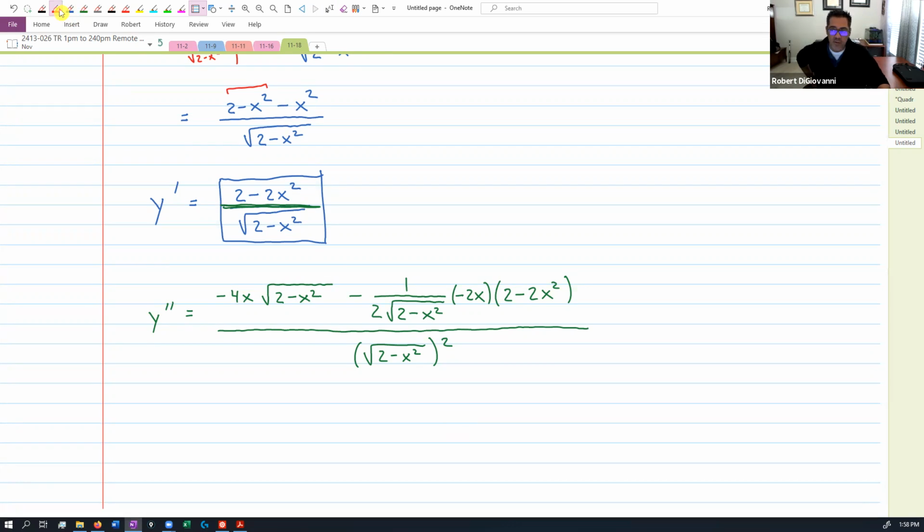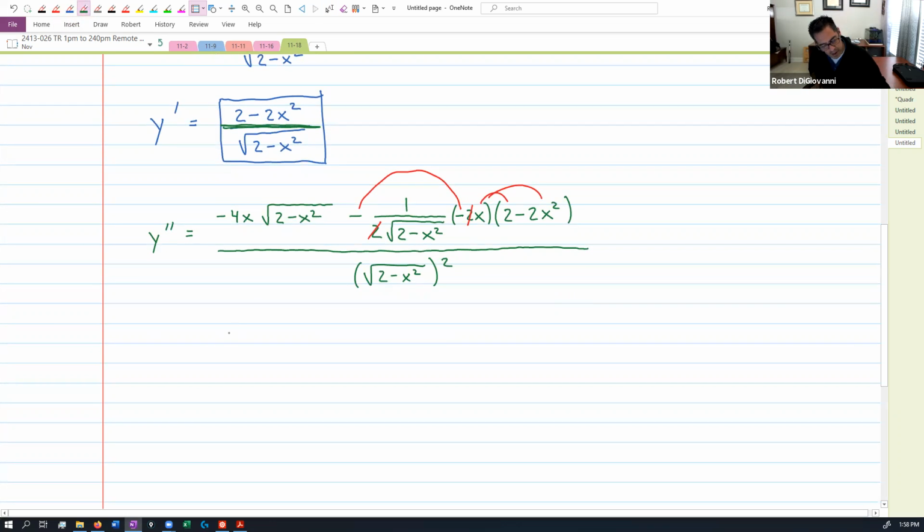Questions on that quotient rule? Because I'm about to start cleaning it up. Any questions on it? Gone, gone. The negative and negative become a plus. This x distributes through.